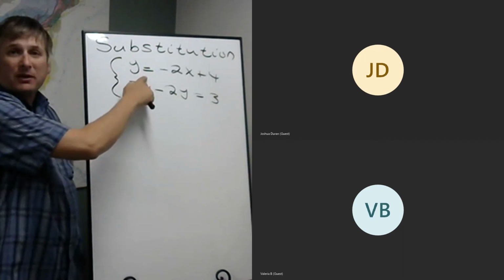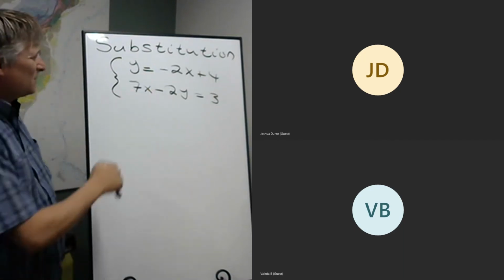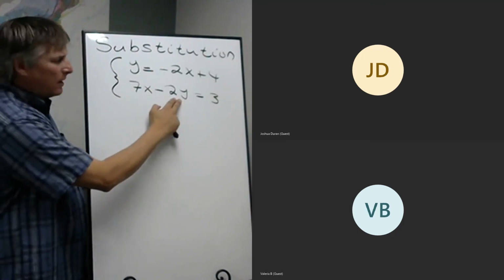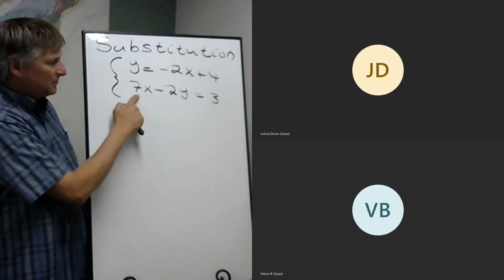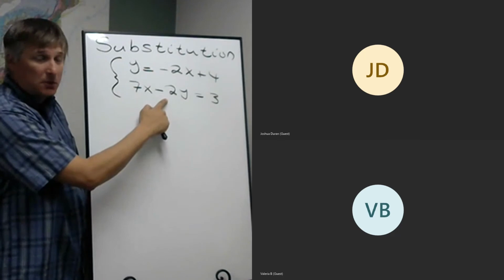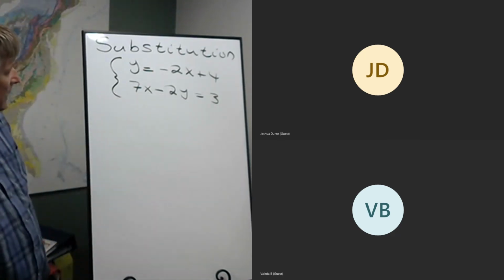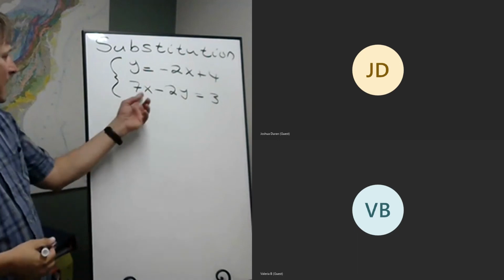Now one's already in y equals mx plus b form. This one is what we call standard form. Ax plus by equals c, where a is 7, b is -2, and c is going to be 3. And these are lines. You have just the x and the y.